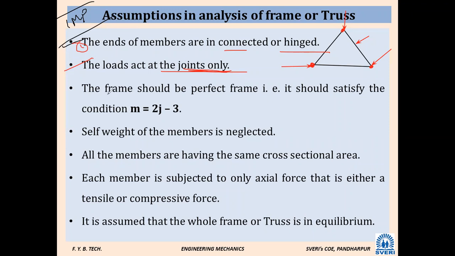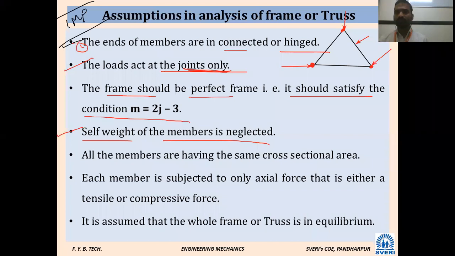The frame should be perfect, that is, it should satisfy the condition m is equal to 2j minus 3. Then the self weight of the members is neglected. Whenever you construct any truss, there will always be some amount of self weight, correct?